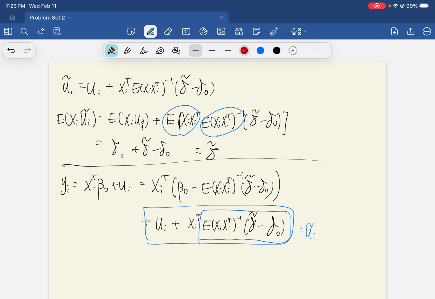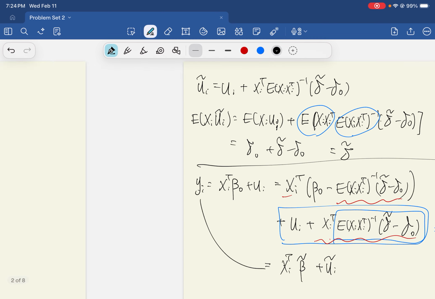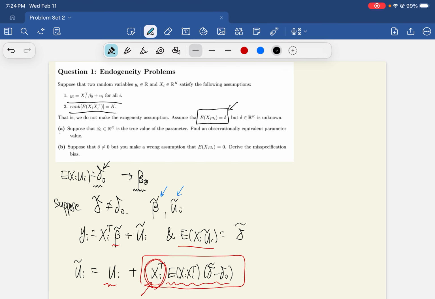So then this part and this part will be cancelled out. So in the end we have x_i transpose beta tilde plus u tilde. So observationally x and y are still the same, and this equality satisfies the full rank and linearity assumptions. So both assumptions are satisfied, so I cannot tell beta tilde from beta 0 from the observations of y and x. Y and x are not affected. Linearity and other assumptions are not affected. That is the answer to part A.